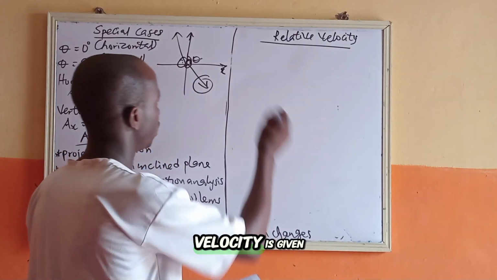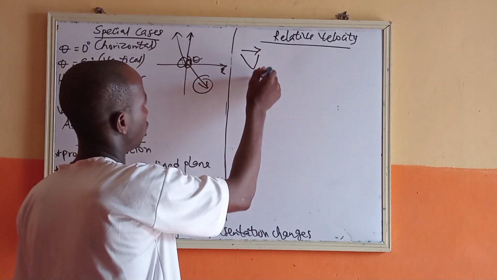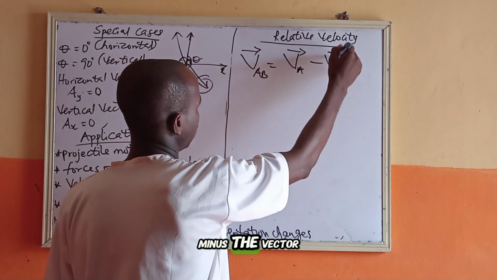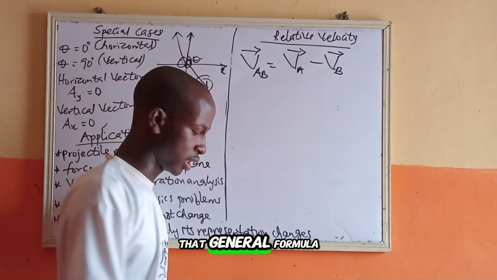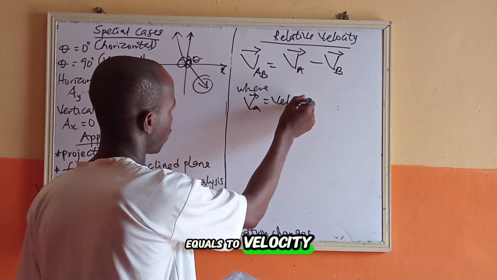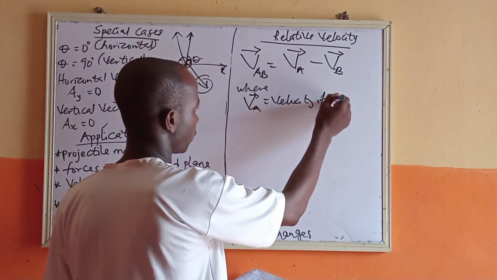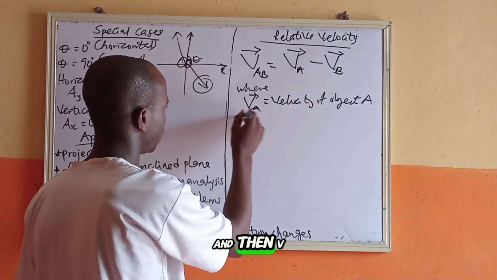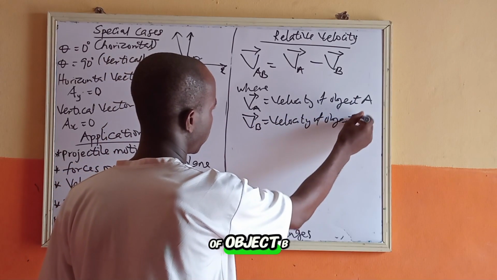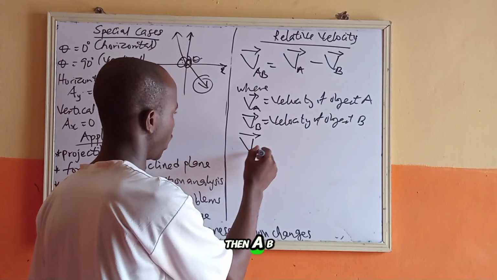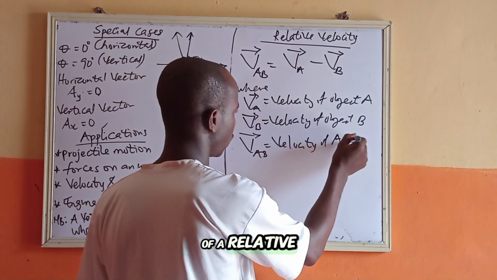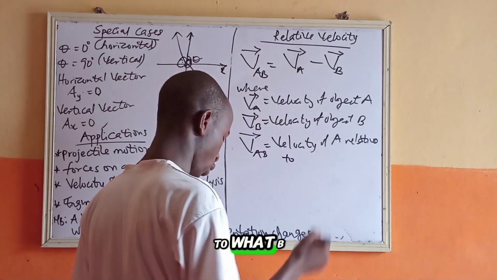So relative velocity is given as V_AB equals velocity of A minus vector velocity of B. That is the general formula, where V_A is the velocity of object A, and V_B is the velocity of object B. Then V_AB equals the velocity of A relative to B.